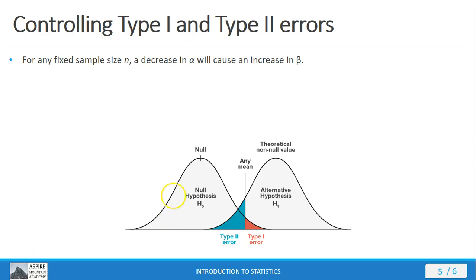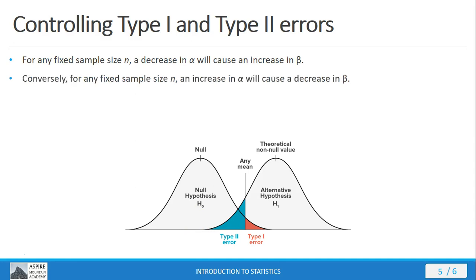So in this case, you can see that if we shift one of these distributions over, if the one on the right shifts to the right, we're going to make the type 2 error smaller, but at the same time, we'll end up making type 1 error larger. A decrease in alpha will cause an increase in beta, so it goes both ways.